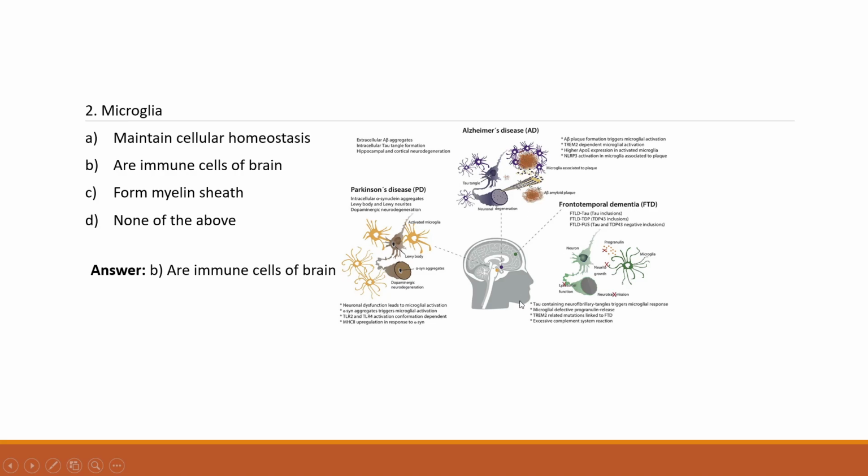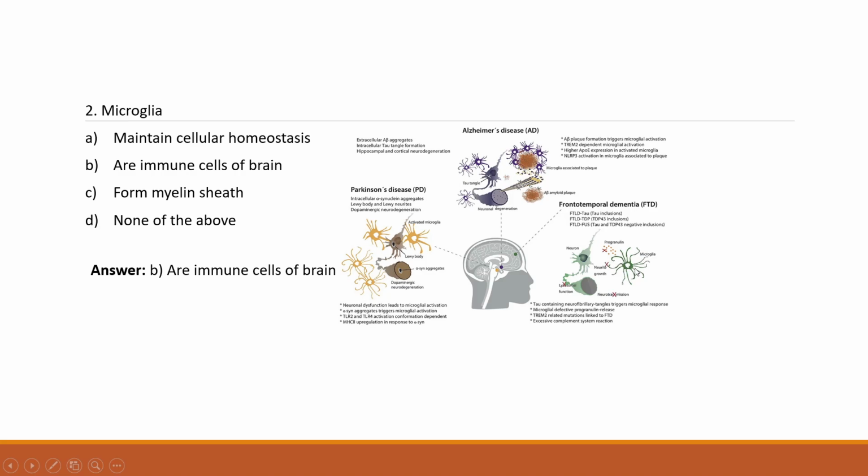Then in your frontotemporal dementia, here also your tau comes into play, your TDP43 comes into play. And here you can see this is your neuron, this is your microglial cell. You can see the shape of the microglial cell. It has a lot of processes emerging from the cell body.